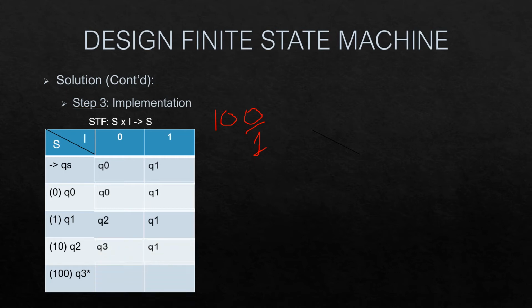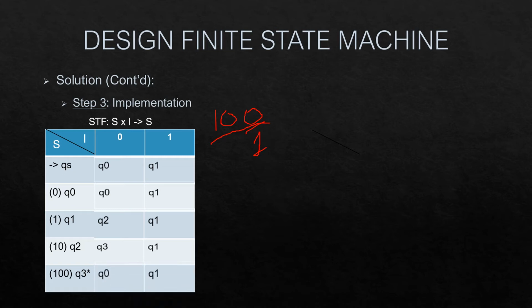And finally, when I reach Q3 state, that means I had scanned 1 0 0 completely, and next input I'm getting is a 0. Now from Q3 state, if I have to transit back somewhere, that means my input string has not ended, and there are still some symbols remaining to be scanned by the machine. We have to go back and trace 1 0 0 again till we have reached the end of our string.